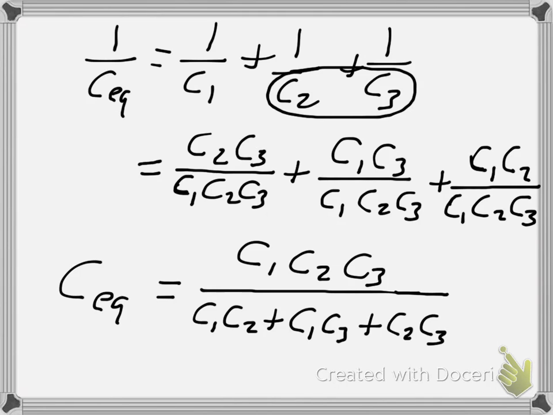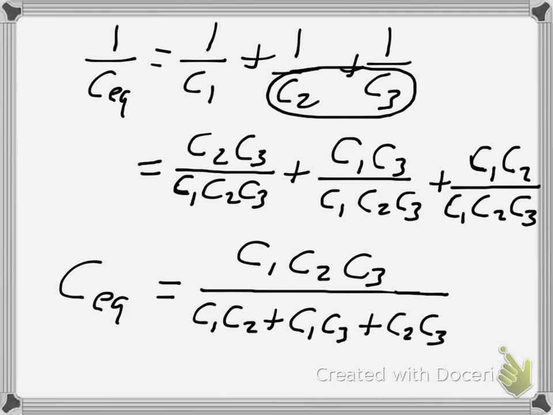And that formula will hold for any combination of 3 capacitors. If we had 4, then it would be C1 C2 C3 C4 over C1 C2 C3 plus C1 C2 C4 plus so on and so forth, right? So that's a general formula.